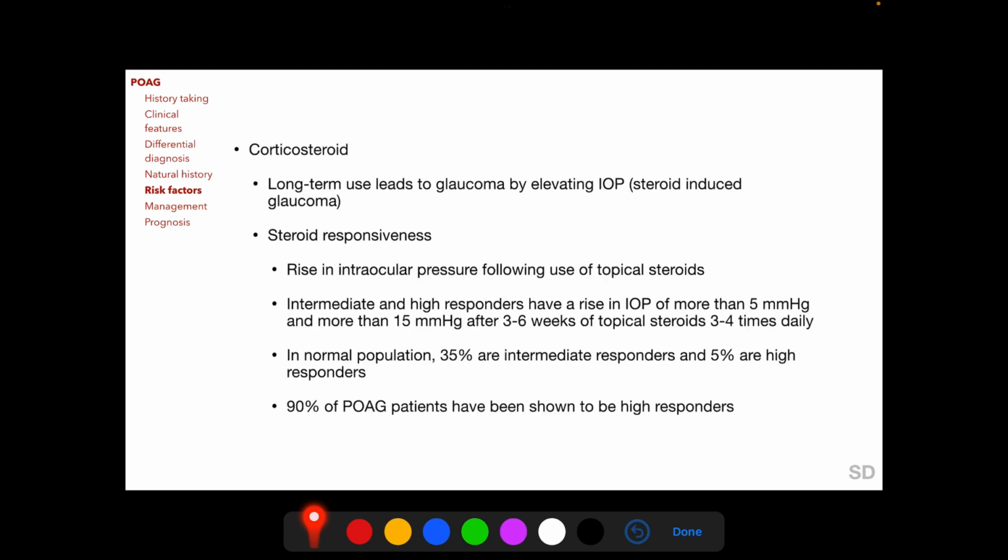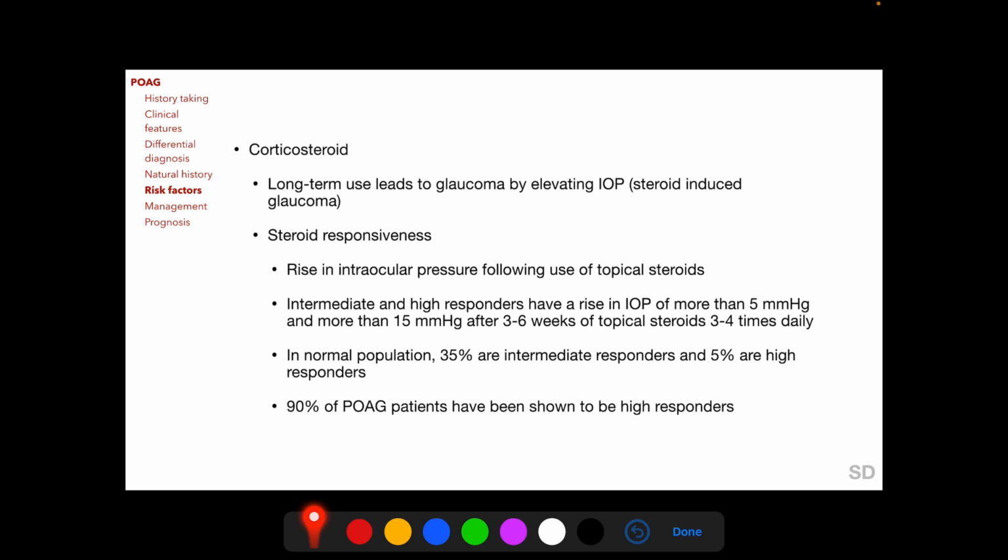It is well known that long-term corticosteroid use in any form leads to an increase of glaucoma by elevating intraocular pressure, and this is called steroid-induced glaucoma and is said to be a form of secondary glaucoma. But primary open-angle glaucoma patients show steroid responsiveness, which is a rise in intraocular pressure following use of topical steroids.